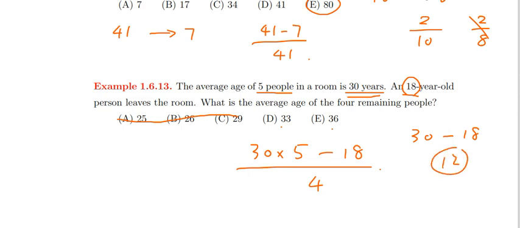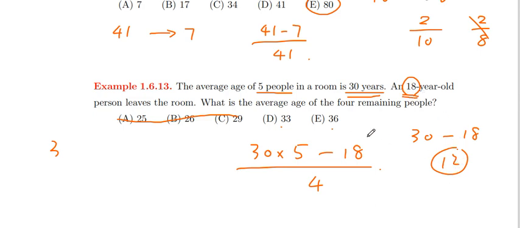So we can say the difference is 12. Okay, so suppose everyone is 30, 30, 30, 30, and this guy is 18, so the difference is 12.